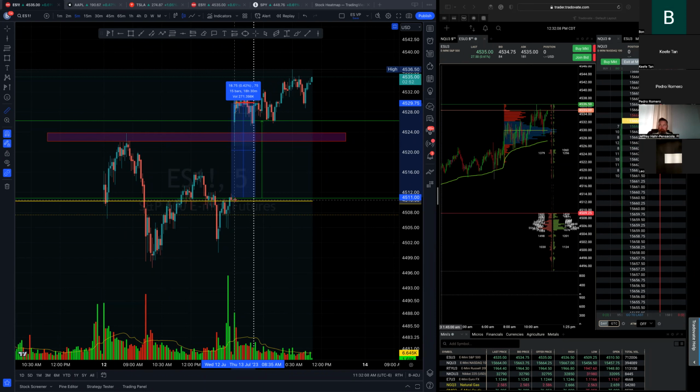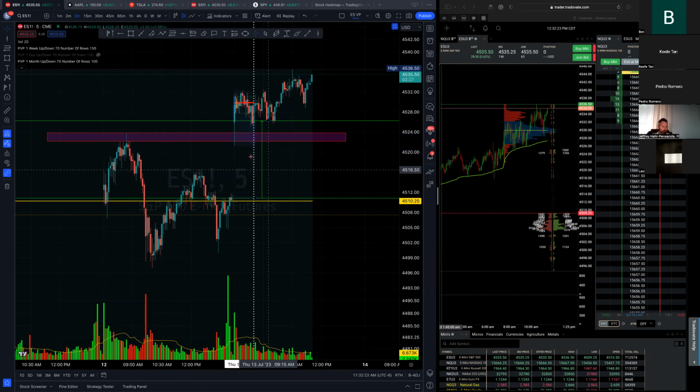I really don't see a reason to short the market today until we see a change in momentum, which we haven't seen today at all. So that's one of the reasons why I was bullish for today, and I actually missed most of this chop over here because I was outside the house.